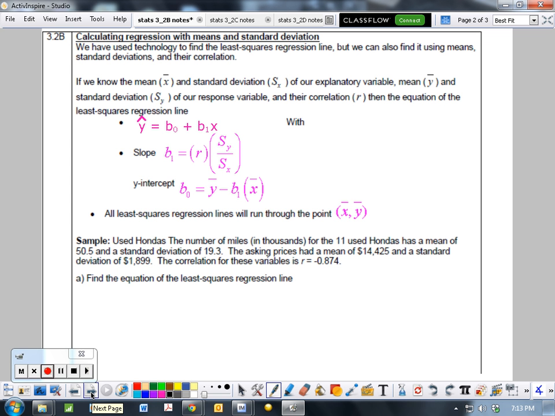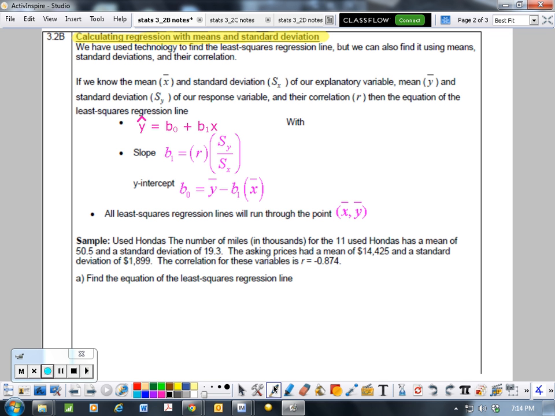Okay, we can also calculate our linear regression with means and standard deviations. This is also known as our numerical summaries. Sometimes there's just so much data that they're not going to give us all the data, because it's going to take us forever to enter it in there. So what they're going to do is calculate the one variable stats for our data and then let us calculate the regression line.